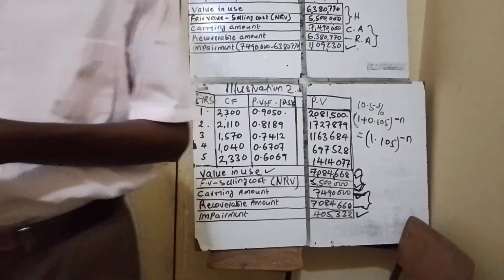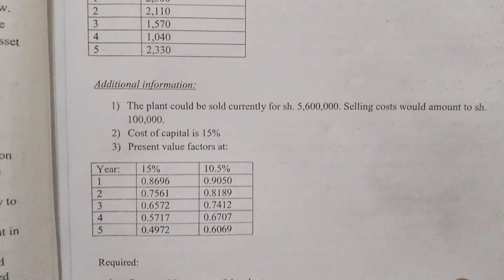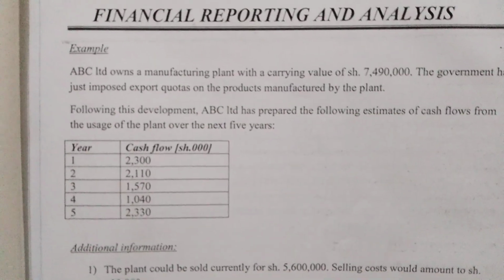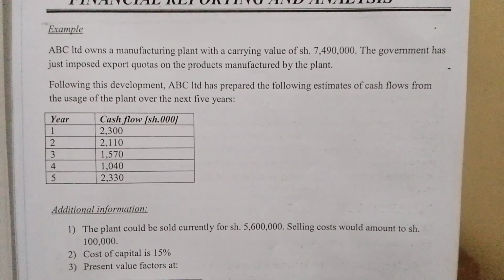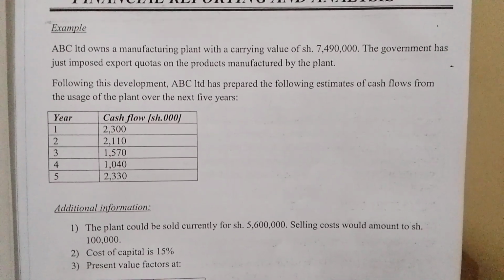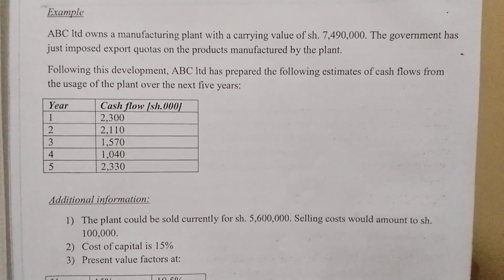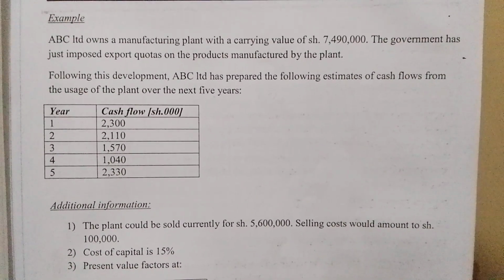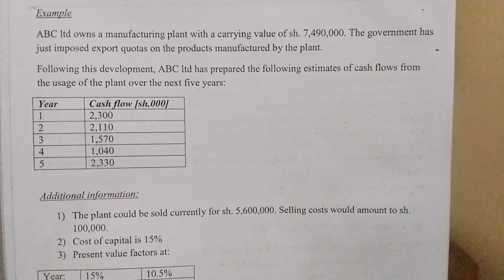Now let me project that question back again to you, so that you can go through it during your free time. The question was there. You just look at it. You can go through that example. Remember that cash flows are given. They are always given. Those are the cash flows that the machine is expected to generate.